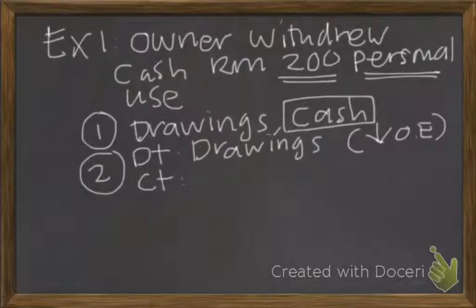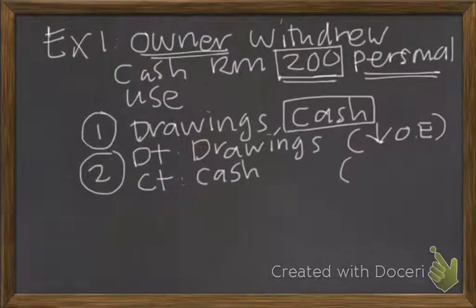Why? Because now the owner takes out 200 from the business, so the business cash reduces. Business cash is one of the asset accounts. When an asset account is reduced, we record it as a credit.